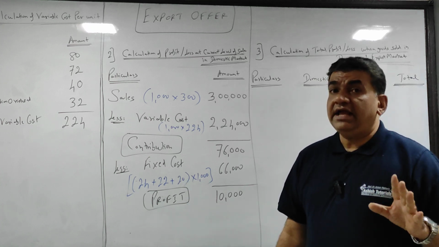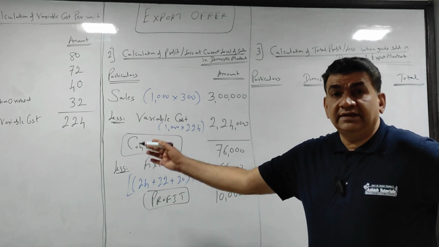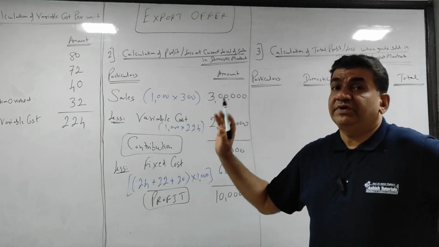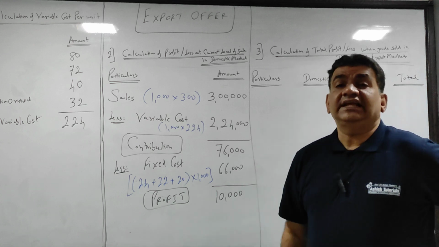Now I have to give my conclusion. I already said, in this case it is advisable to go for the export offer because the price is more than the variable cost, but we will show detailed calculation.